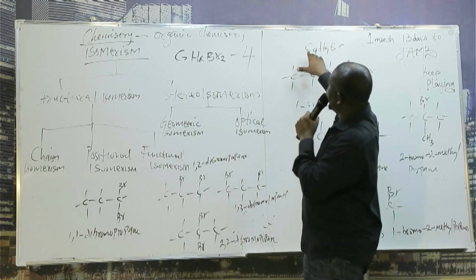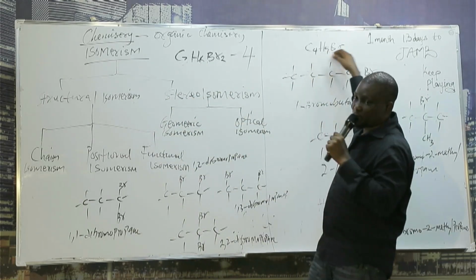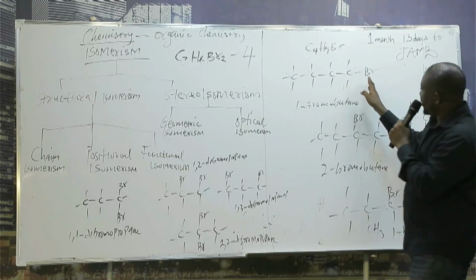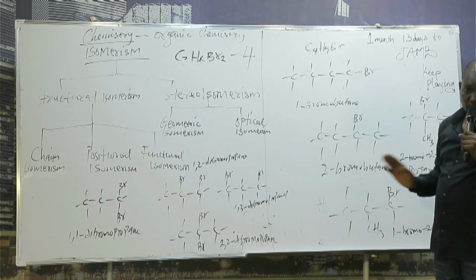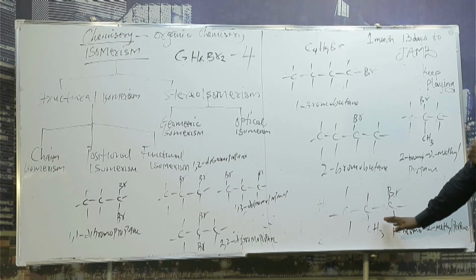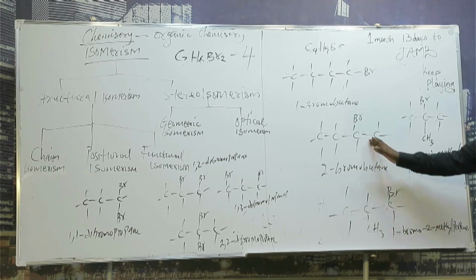Like in this compound, they ask, what is the structural isomer of this organic compound? You see that these two here are positional. But this one and this one, pair these two. What form of isomer are these two?